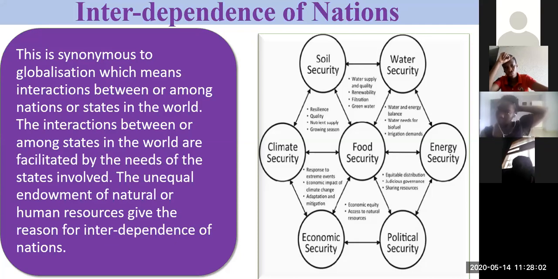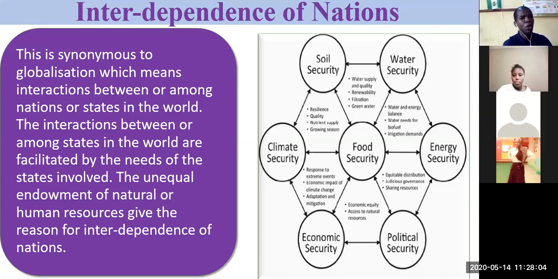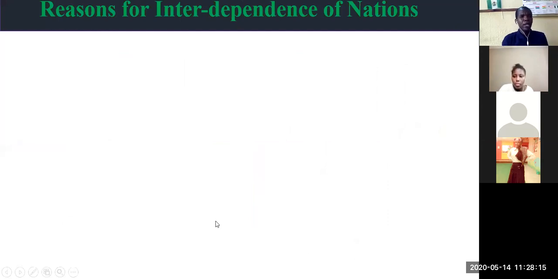Now, we are going straight away to the reasons. From what I have said, you will have also seen the reasons for the interdependence of nations. Why will people relate? Why will Nigeria relate with China? Why will Prudent decide to relate with Mr. Emmanuel?